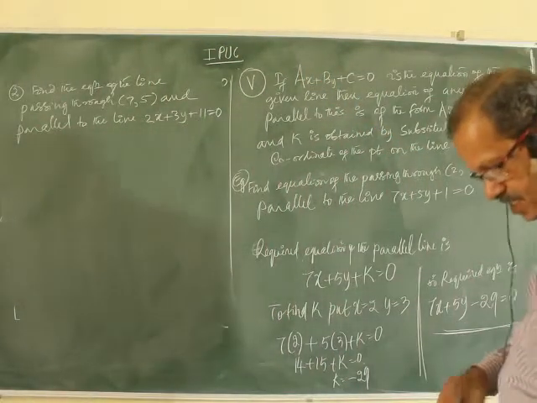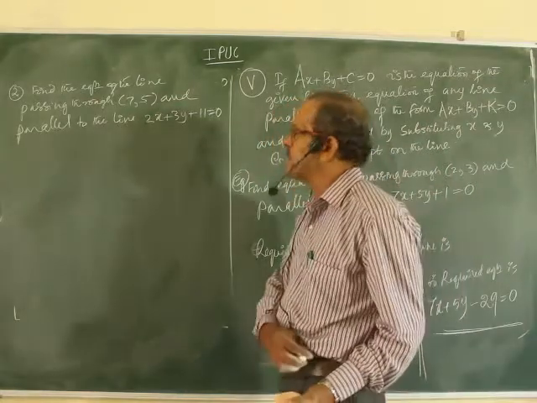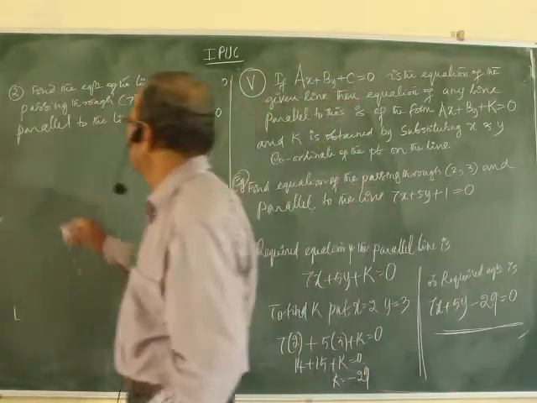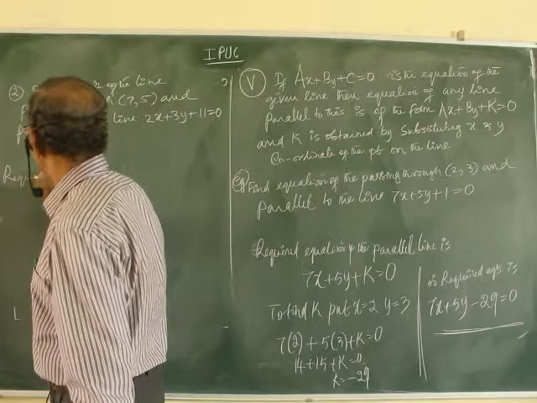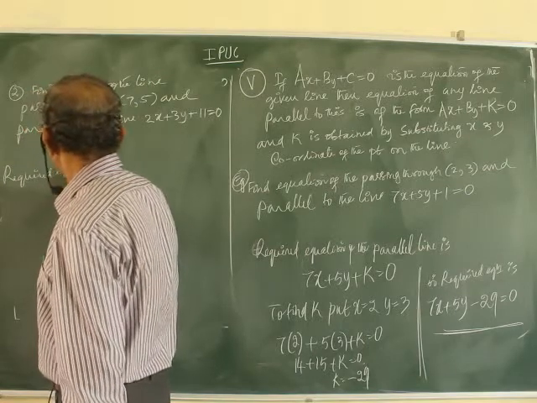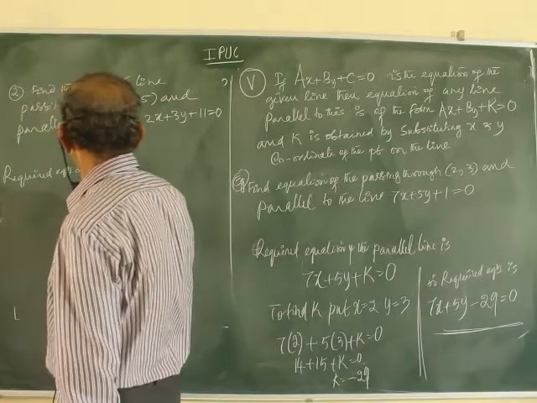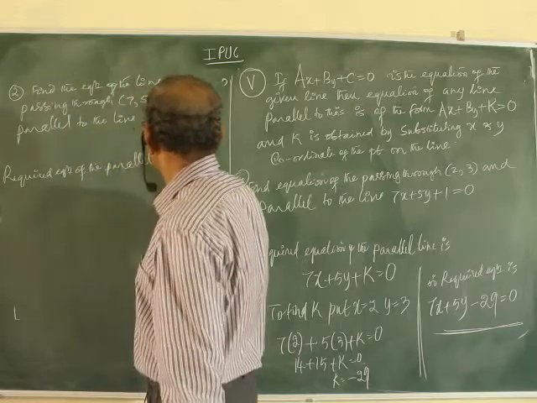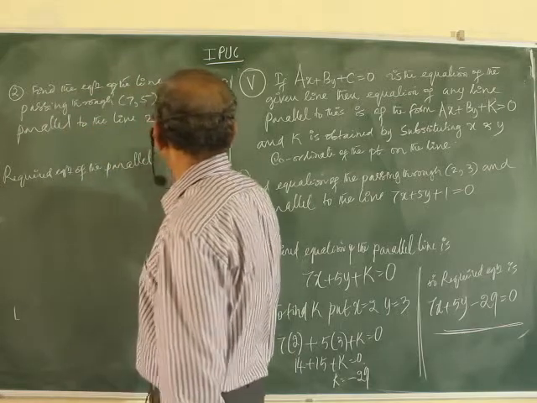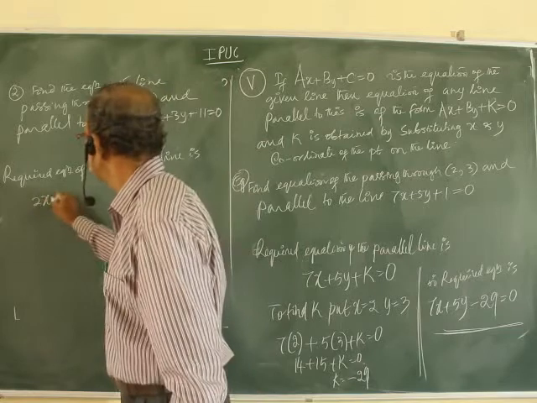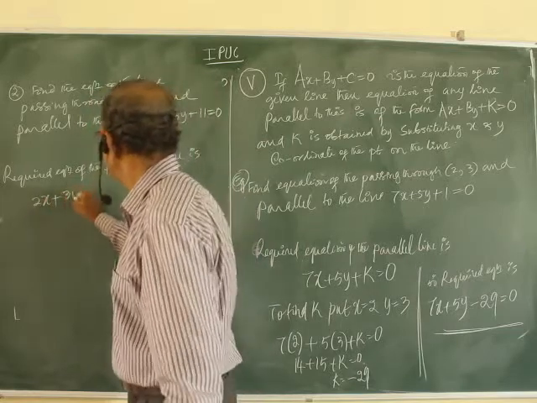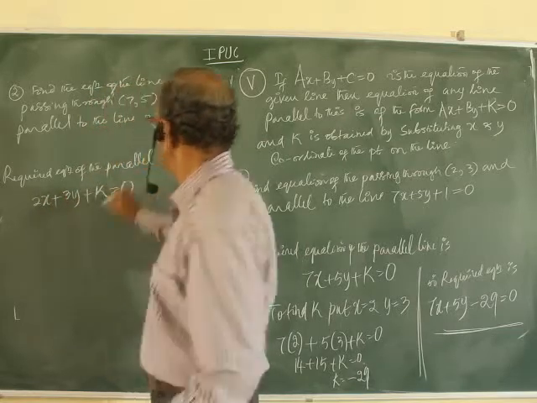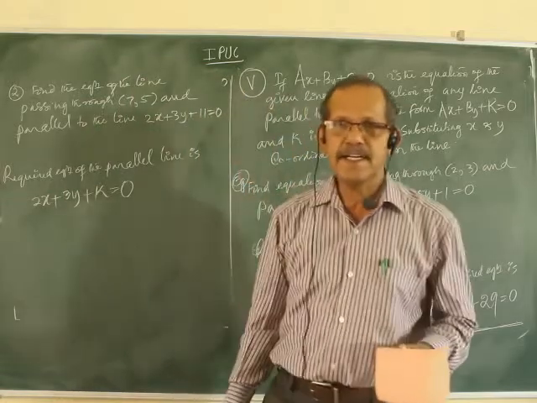Now use the second method, the easiest one. The required equation of the parallel line is 2x + 3y + k = 0. Write the x term the same, y term the same; this constant is not known. Whenever it is parallel, write straight away.